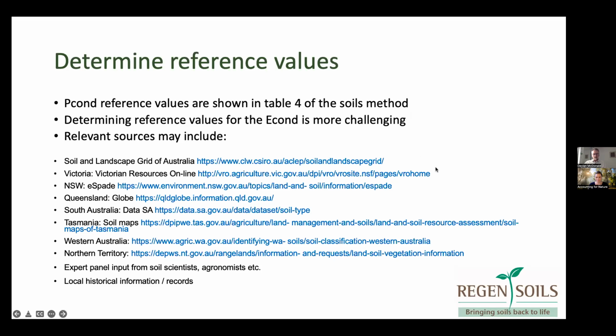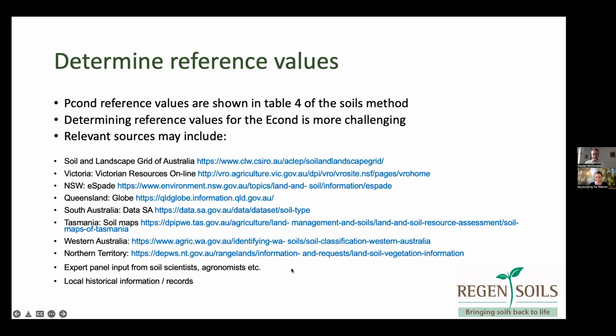But also we have the opportunity to look for historical records, intact natural areas that may have seen very little or no agricultural activity, and extrapolate from those via expert opinion from soil scientists, agronomists, etc., what those original values may have been.